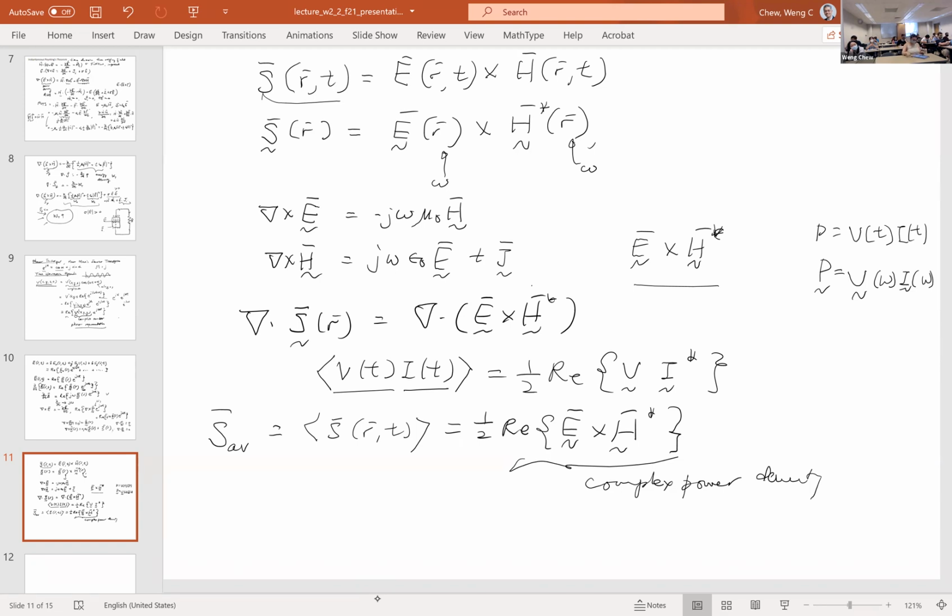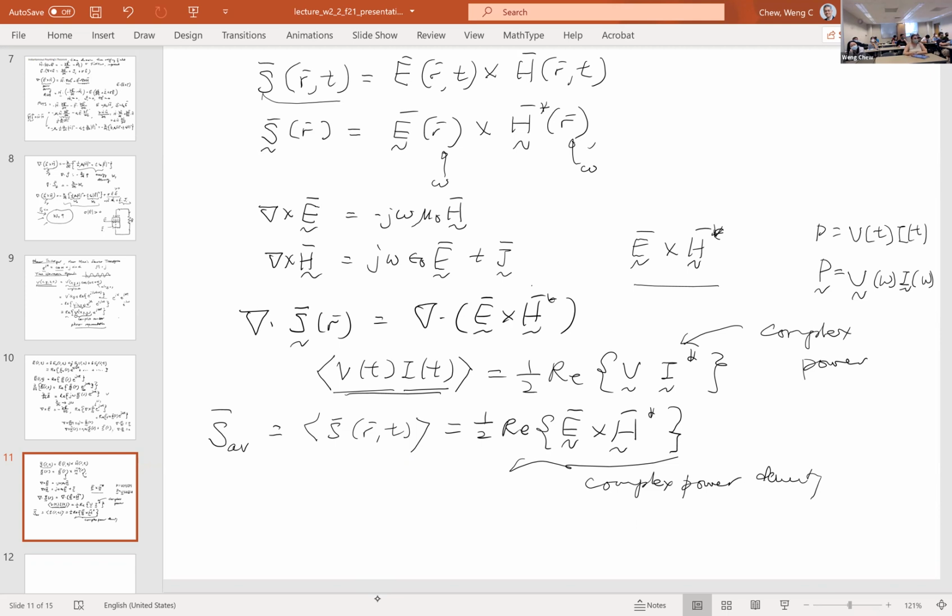So very much similar to the case of circuit theory, if you have a complex power, this number is a complex number. That complex power has its real part and an imaginary part. And the real part is proportional to the time average of the instantaneous power.